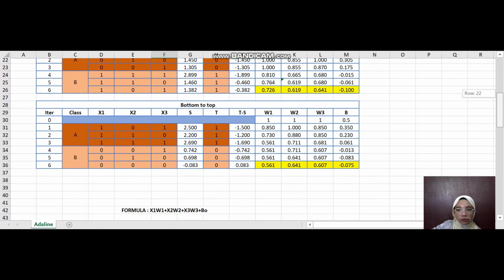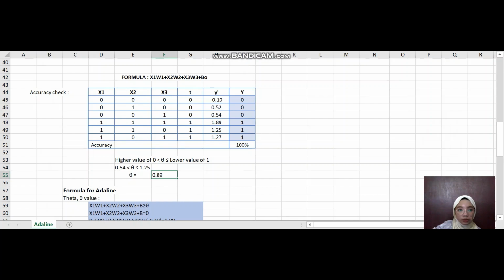Then we need to check the accuracy. To check the accuracy, we use this formula, and we need to make sure that the value of t is equal to y. If t is 0, it means the output is lower than 1, and if t is 1, it is bigger than 1.